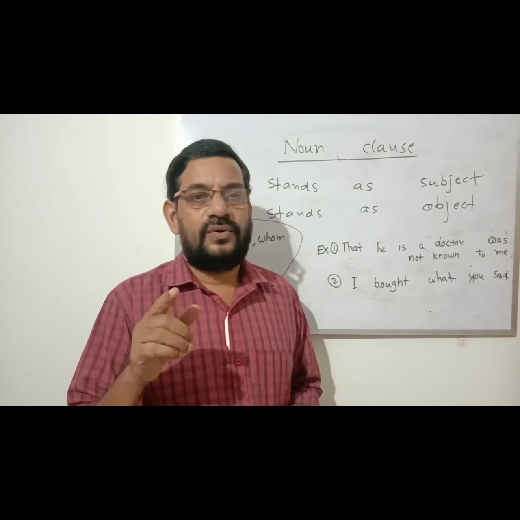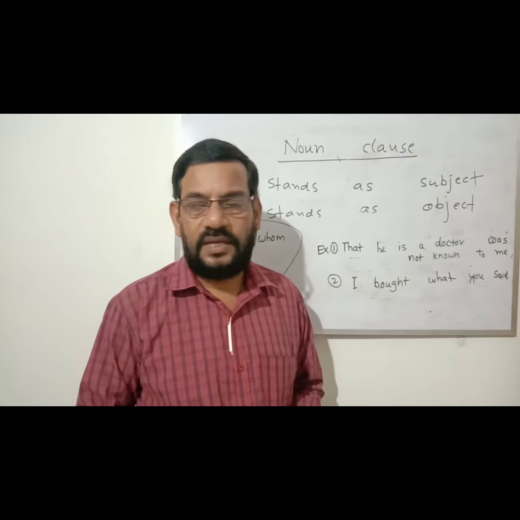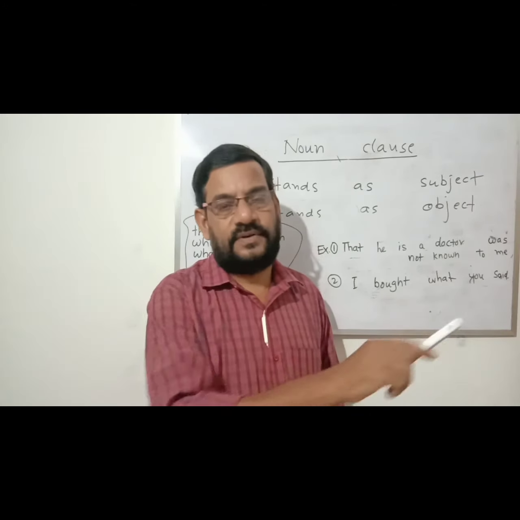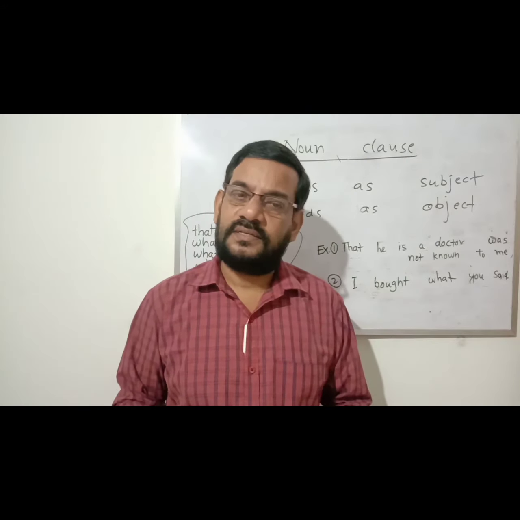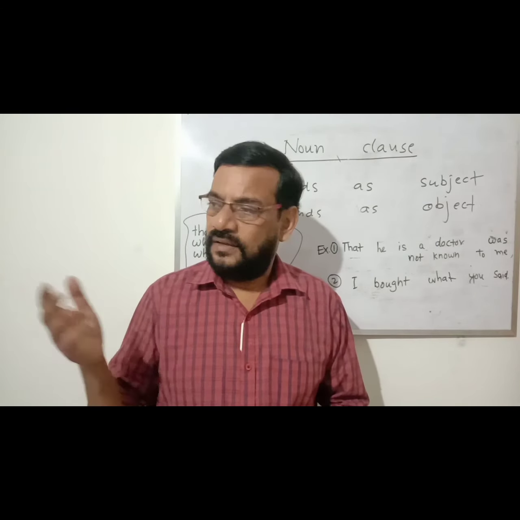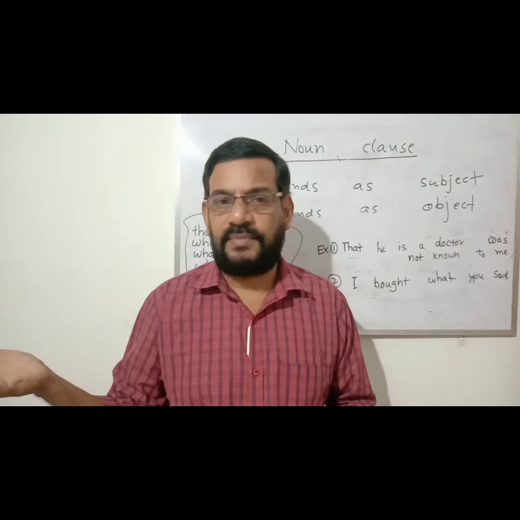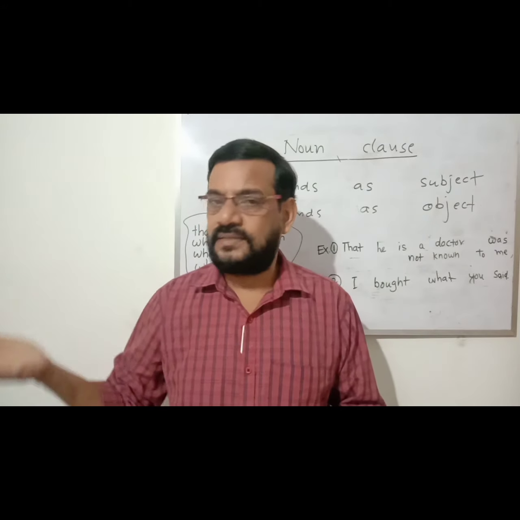For example, Raju is my friend. What is the subject? Raju. That's a noun. He is my friend. He is a pronoun. So a subject may carry sometimes a noun or a pronoun.